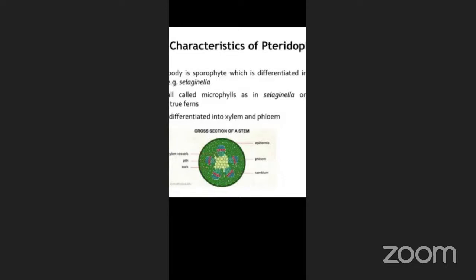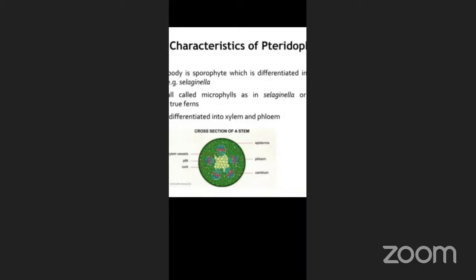Homosporous plants produce only one type of spore, with the same size, structure, morphology, and physiological activities. That type of spore production we call a homosporous condition.